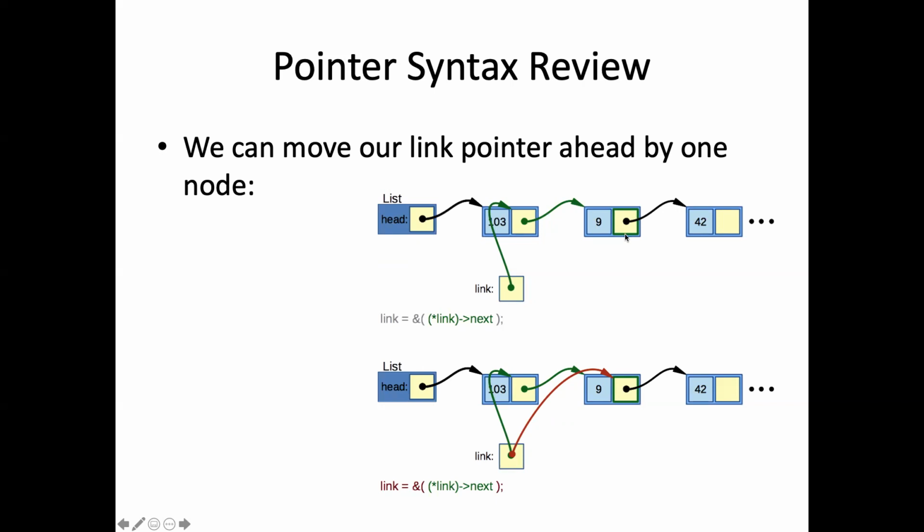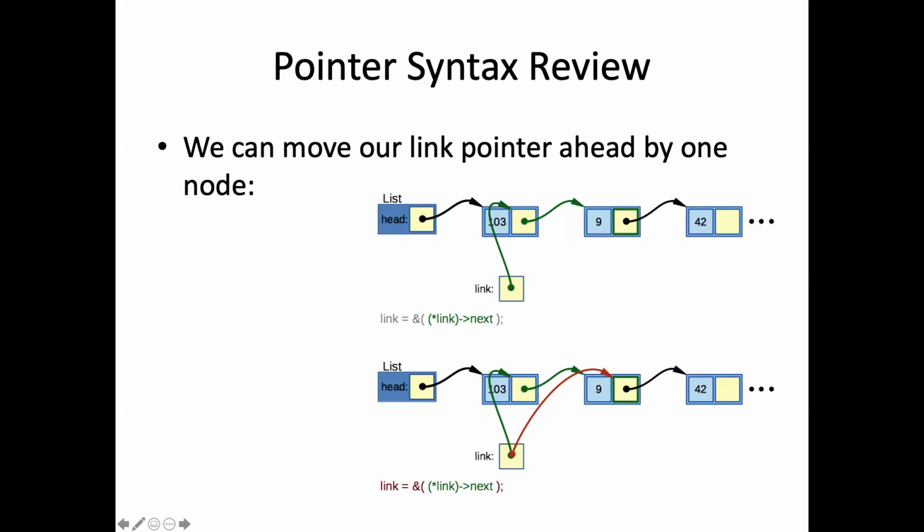If you wanted to traverse the list, you just need to be able to move ahead by an item. So like my picture shows, you want to be able to take link, and instead of having it point at this next pointer, you'd want it to point at the next pointer inside the next node. Well, that's easy because we already know how to get that next pointer. We just said that a couple of slides ago.